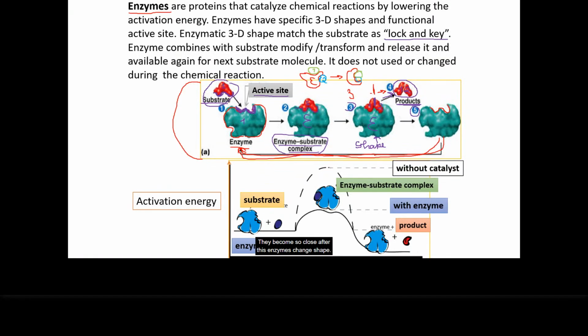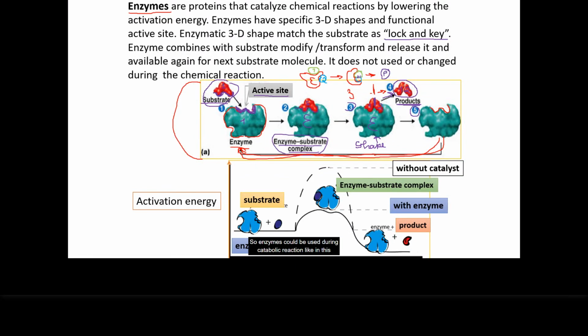They become so close after this enzyme changes shape. So what is happening? It could be production of new chemical bonds between these two separate substrates, and in the end, one product could be released. So this will be our product, and it's one.